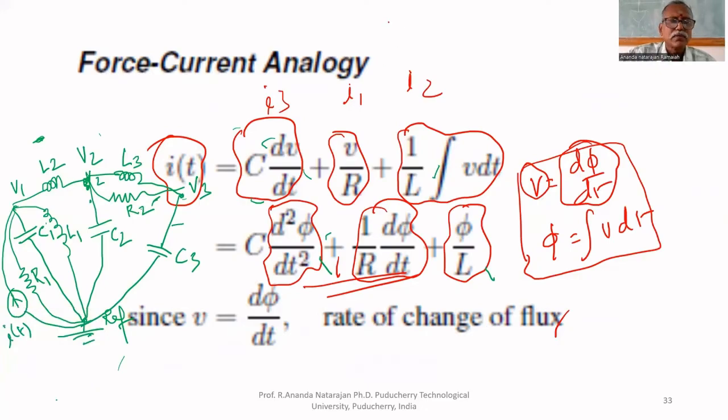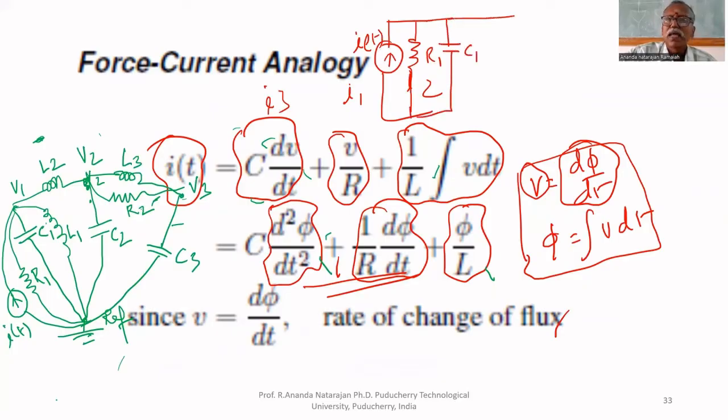We'll draw the current source I of t here, then R1, C1, L1. Then this is V1.